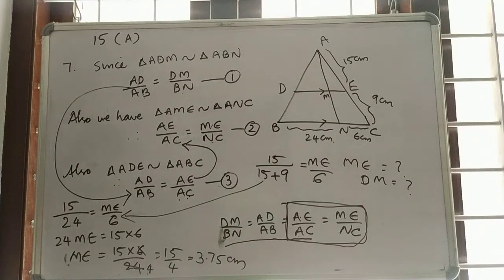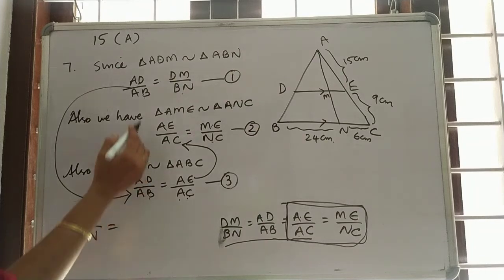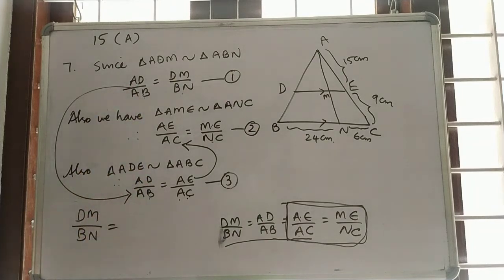Next we want to find out DM. So how can we find DM? Look at DM. What are the measures given? For finding DM, we combine these three equations and we got this one. So look at equation number 1 and equation number 3. DM divided by BN is equal to AD divided by AB.